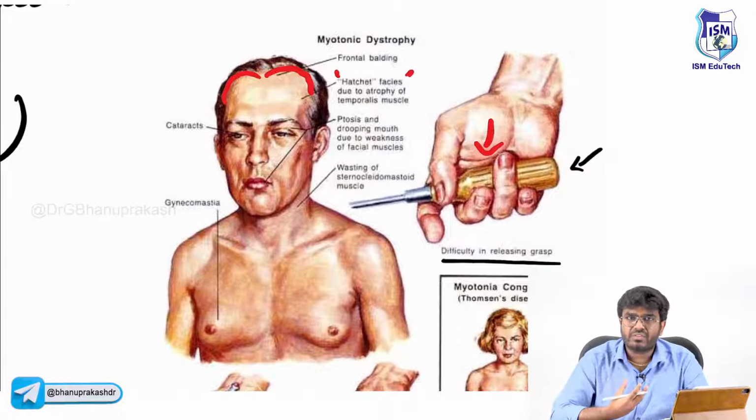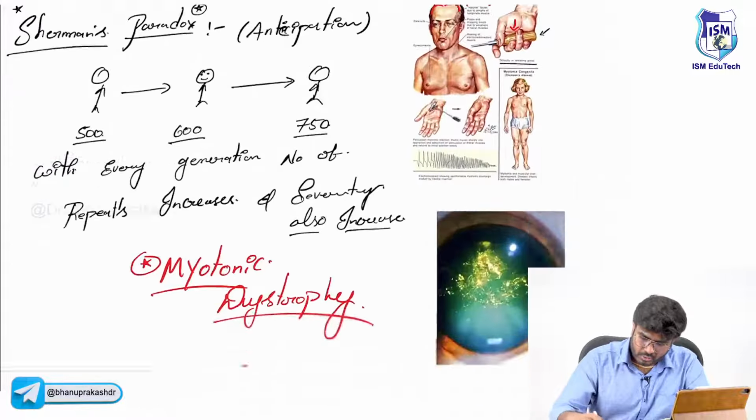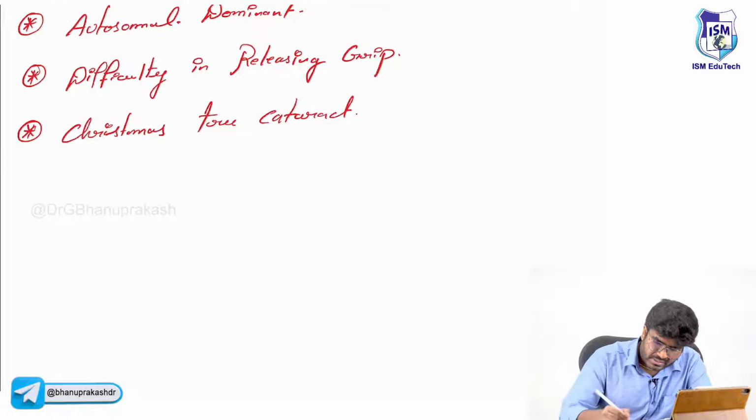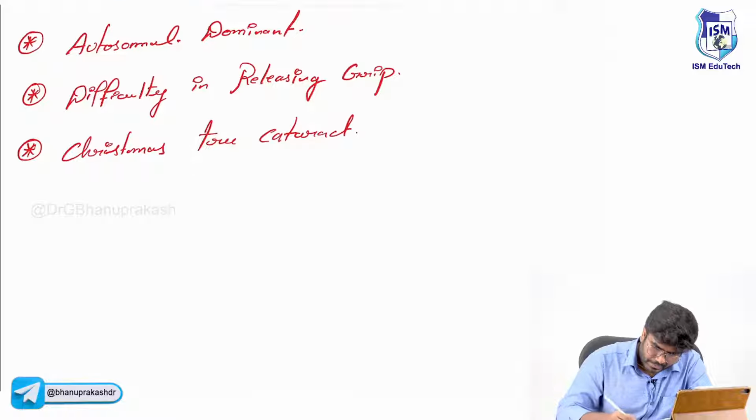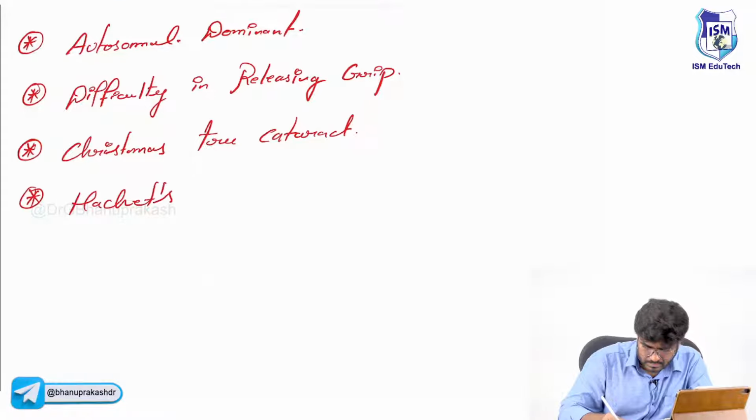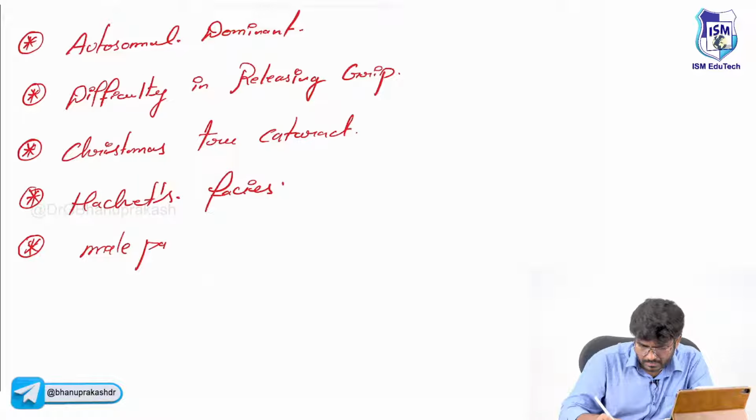These are the two important points. Whenever you see the word hatchet faces, you need to think about myotonic dystrophy, and these patients are going to have male pattern baldness.